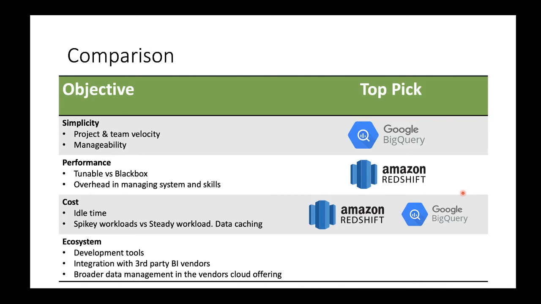The last bit is around the ecosystem, because so far we've been talking about how quickly you can develop the solution, how agile your projects can be, and performance. But a key factor in delivering a solution is looking at the overall ecosystem in terms of third-party solutions and open source solutions that allow you to both connect and analyze the data.